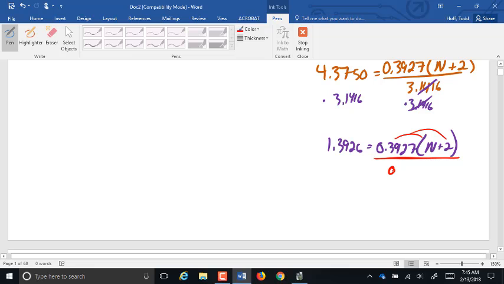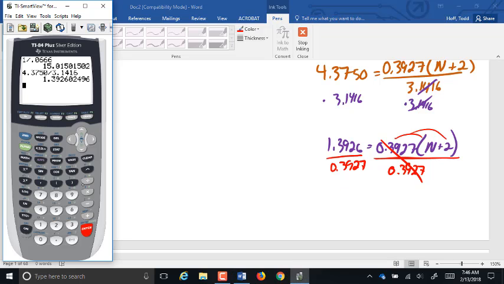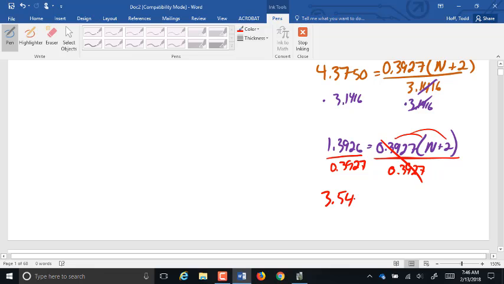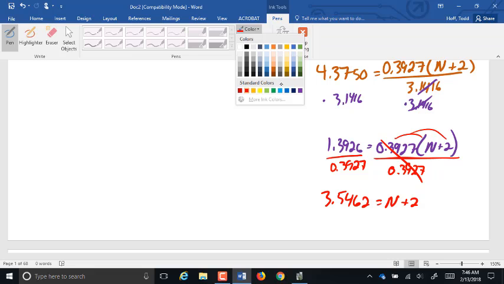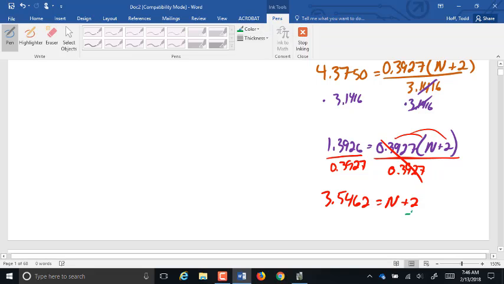I'm just going to go ahead and divide by the 0.3927. So I've still got this in my calculator, divided by 0.3927. Got 3.5462 equals n plus 2, and then I subtract 2. So 1.5462, you got it, equals n.